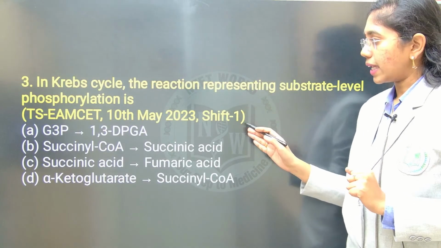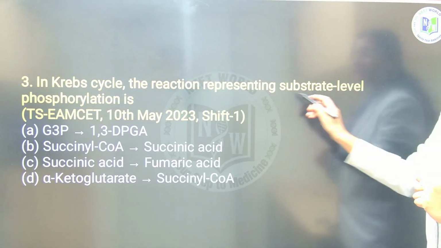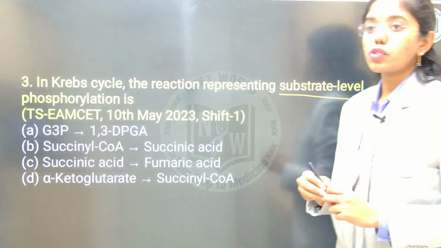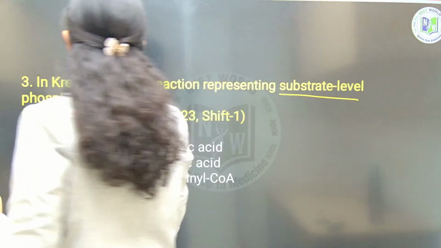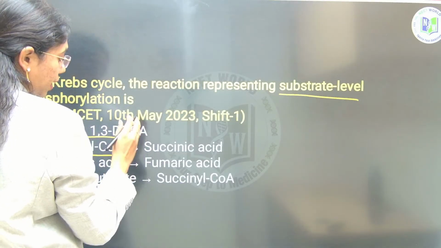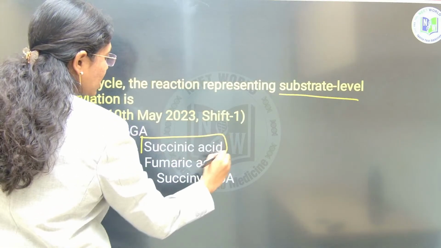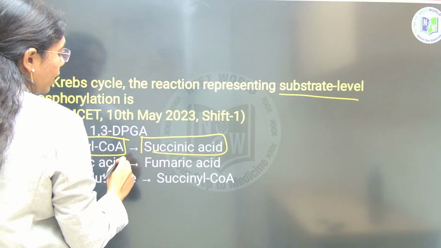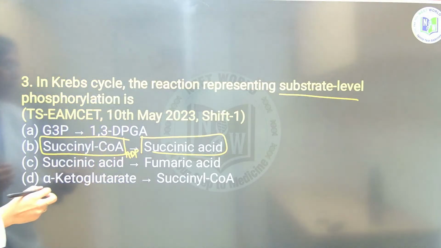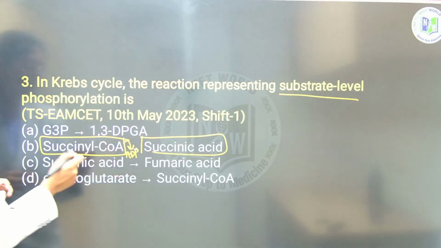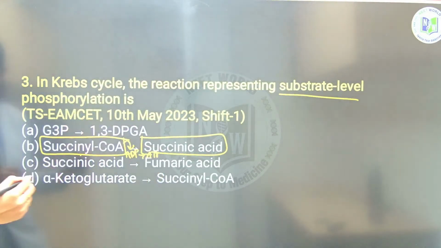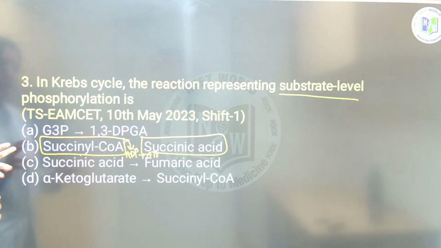In the Krebs cycle, the reaction representing substrate level phosphorylation is where succinyl CoA, along with the enzyme, gives rise to succinic acid, where ADP or GDP gets phosphorylated from the succinyl CoA and this forms ATP. Clear, right? So the answer will be B.